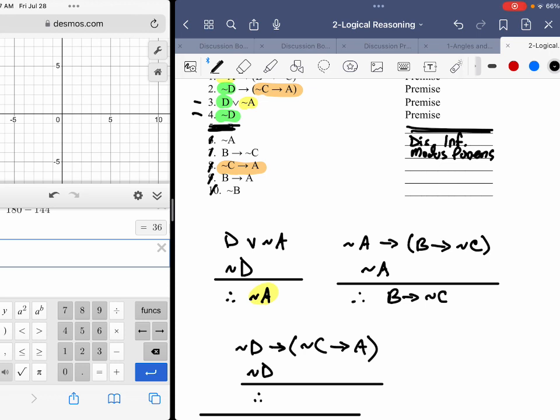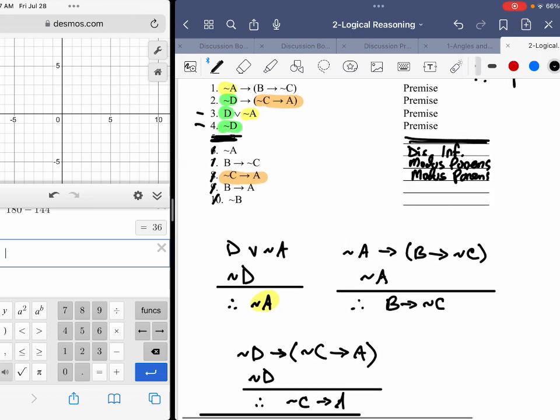Affirm by affirming, which sounds weird. All right, so if this, then that. This, then that. All right, so we confirm the this, we get the that. Modus ponens.